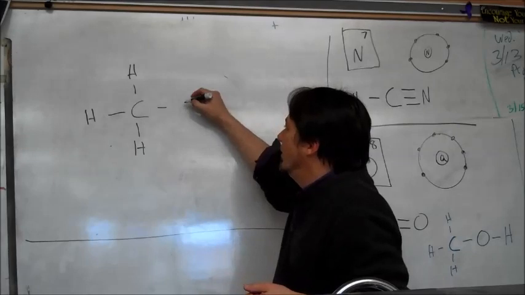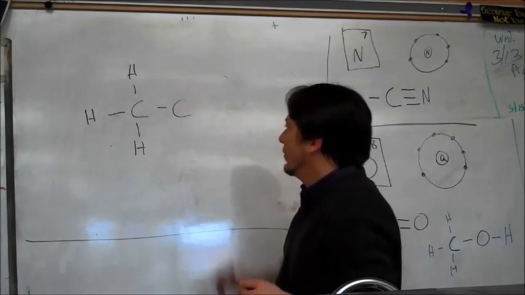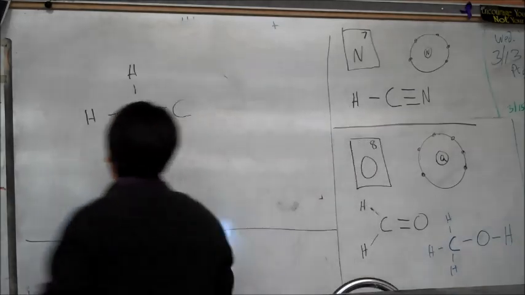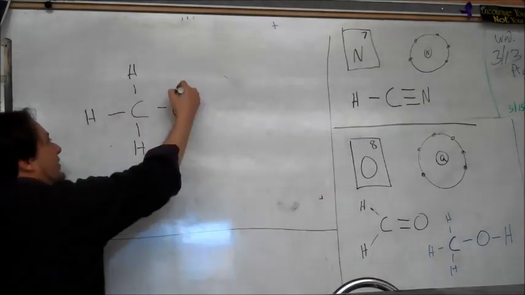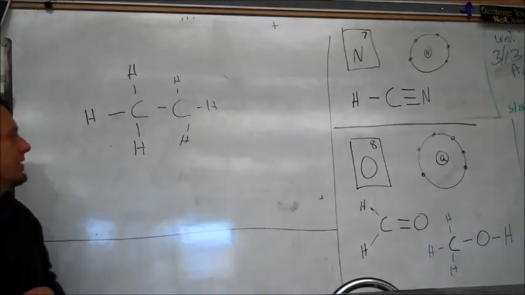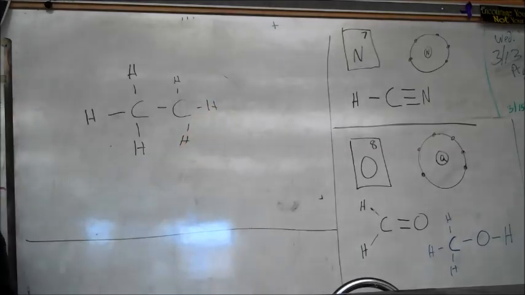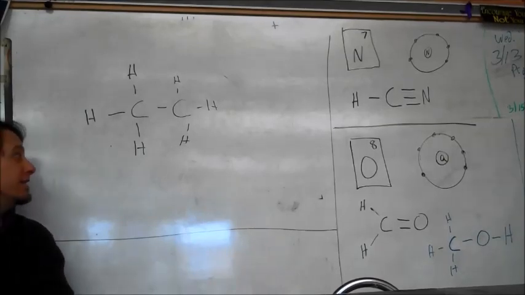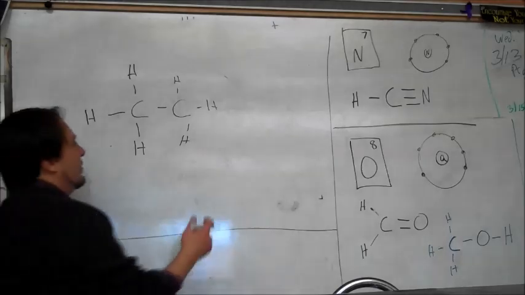I can replace one of these hydrogens with another carbon. And as long as this carbon also is bonded to 4 things, like maybe 3 other hydrogens, then that's fine. It's sort of like puzzle pieces. If you have the right numbers, you can put anything together within reason.